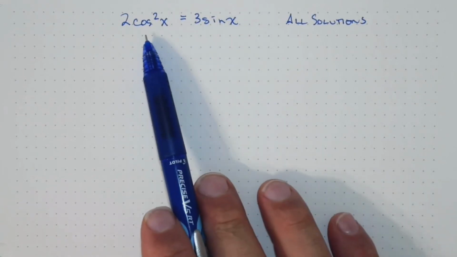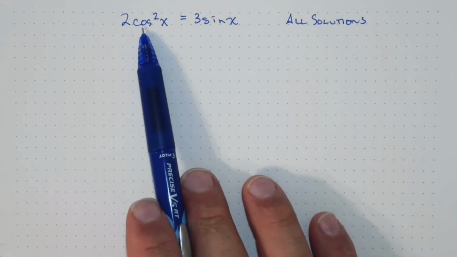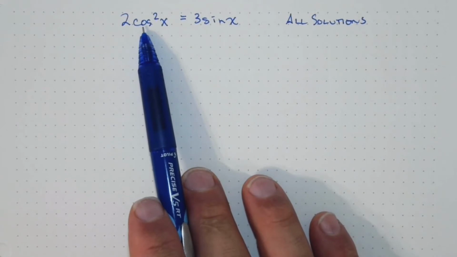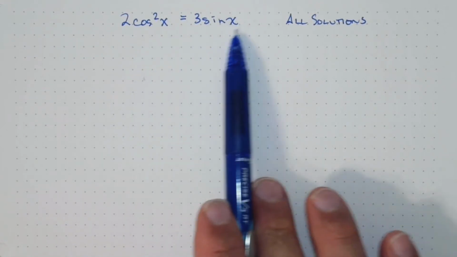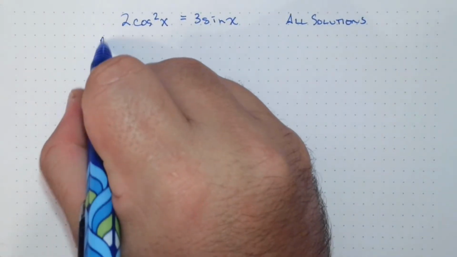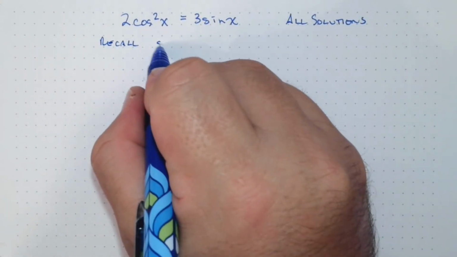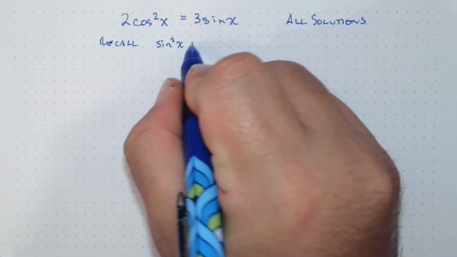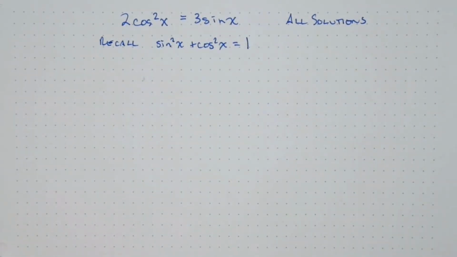Which means I'm going to need to change this cosine squared in the quadratic form, if I can, to something involving sine or sine squared. Fortunately for us, recall that the sine squared of x plus the cosine squared of x is our main Pythagorean identity.